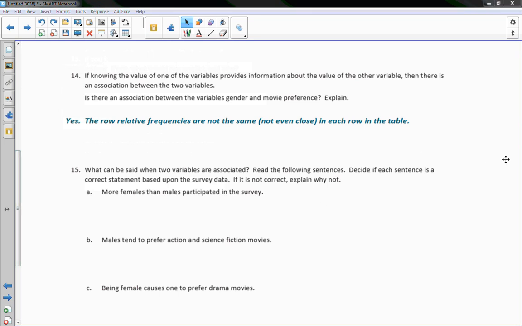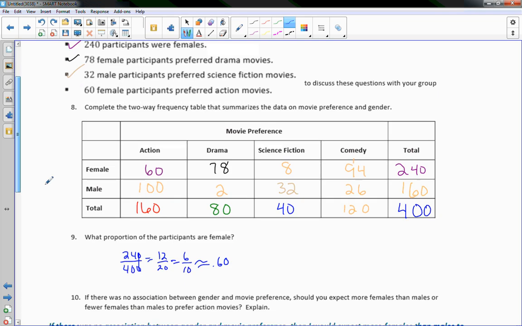15 says, what can be said when two variables are associated? Read the following sentences to decide if each sentence is a correct statement based upon the survey data. If it is not correct, explain why. More females than males participated in the survey. So I go back and I look. There were 240 females, 160 males.